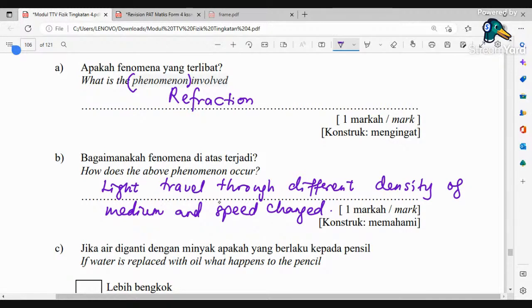Ataupun you tulis the change in speed of light when light travel or passes through different density of medium. Itu lagi okey lah.